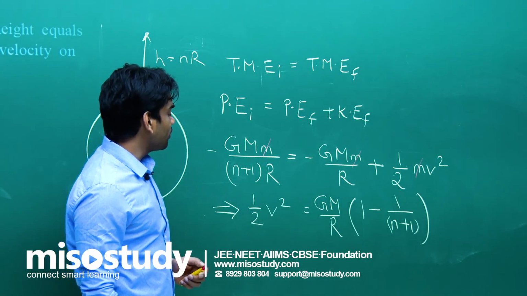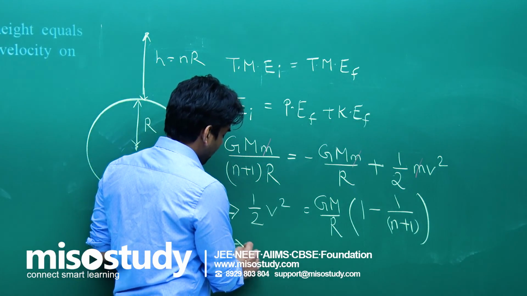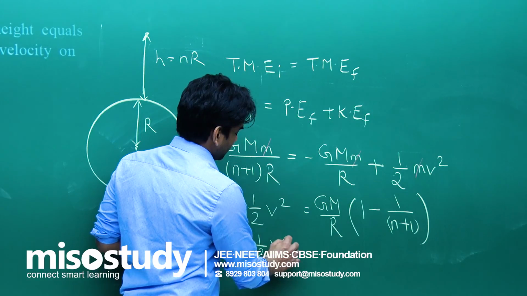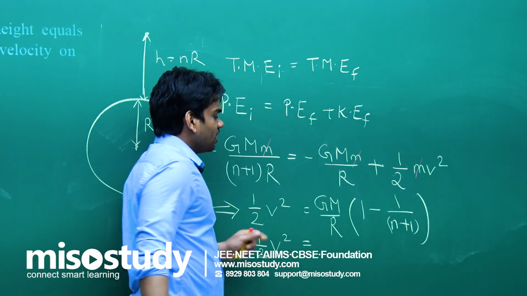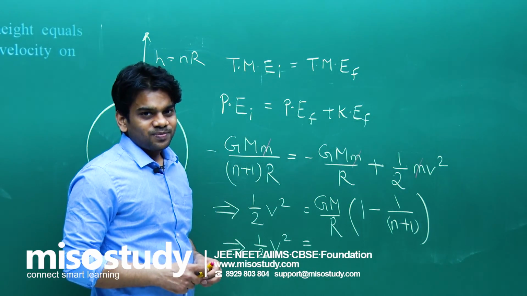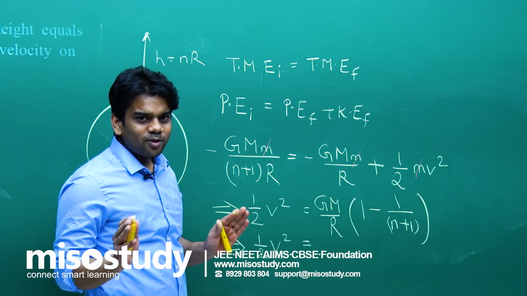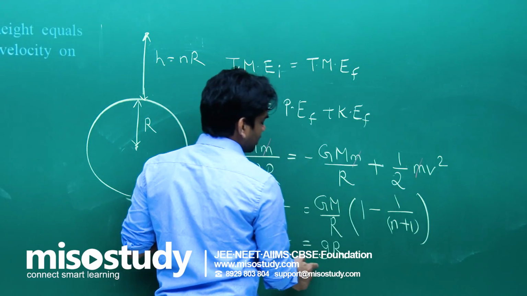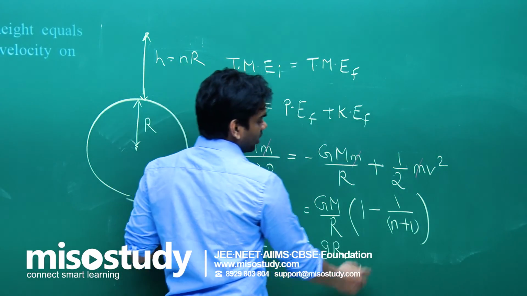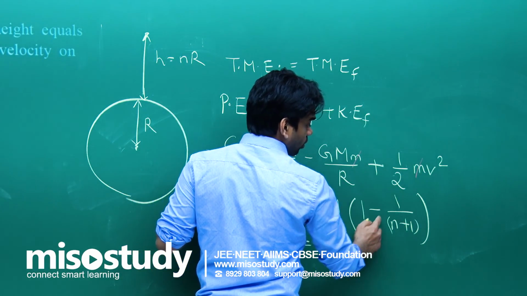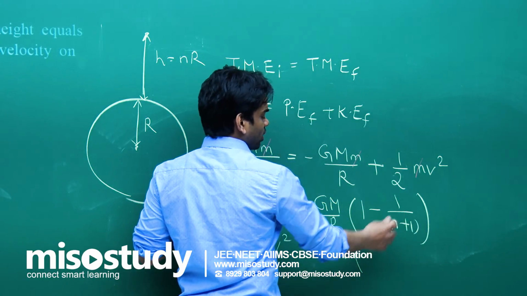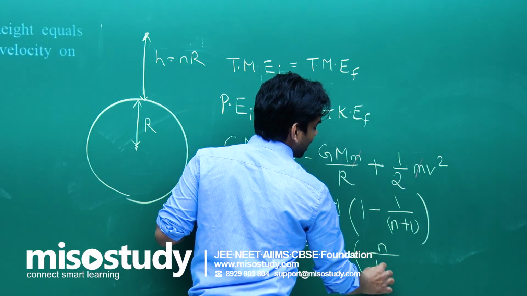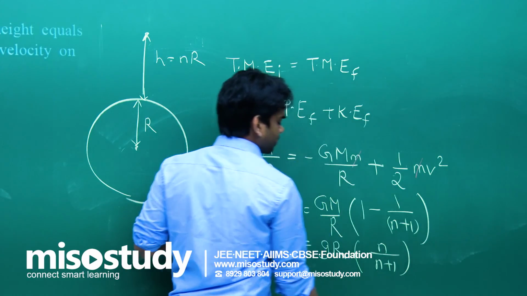Easily you can solve it. Half v square is equal to GM by R square times R, and GM by R square is g, the acceleration due to gravity, as we have done already. So g into R, times (n plus 1 minus 1) upon (n plus 1), you will get n divided by n plus 1.